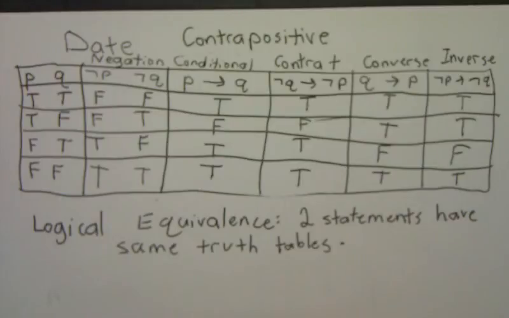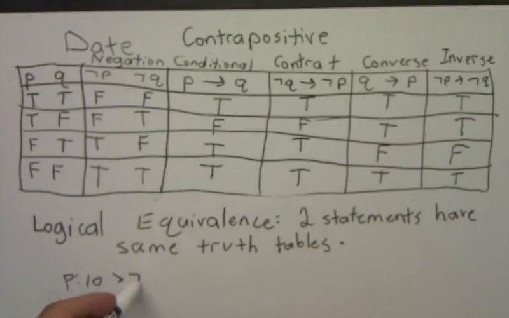We've already done a lot of examples together. We'll do one more and then I'll let you do your lesson. P says 10 is greater than 7. Q says 10 is greater than 5.